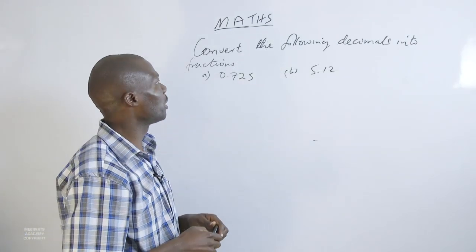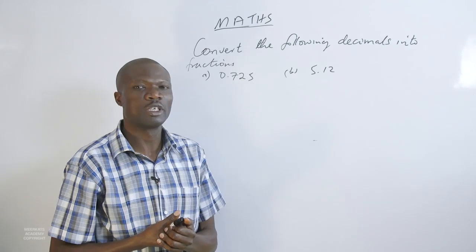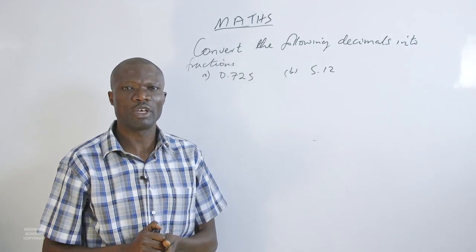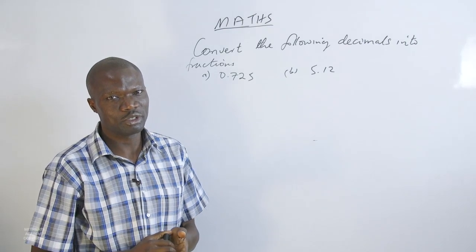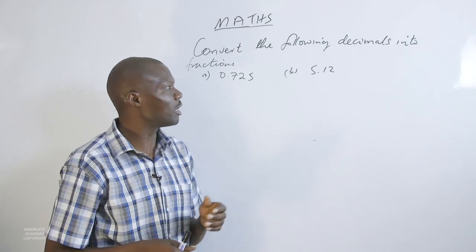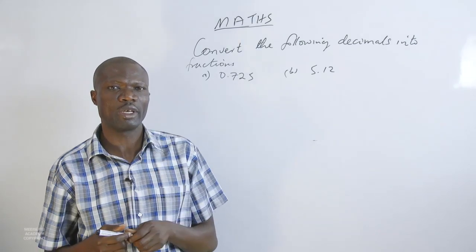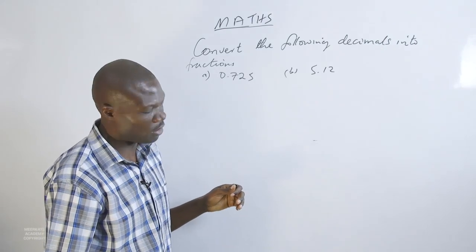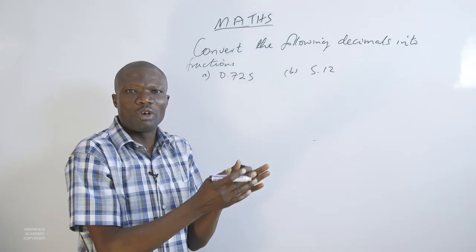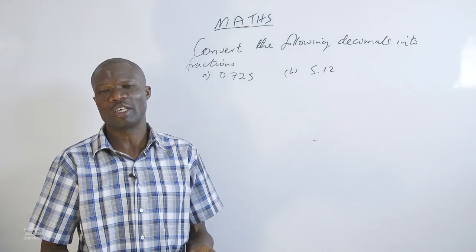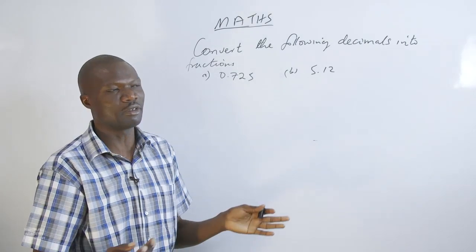Convert the following decimals into fractions: 0.725 and 5.12. As we saw earlier on, the number of decimals gives us the number of zeros that the denominator will have after the 1.